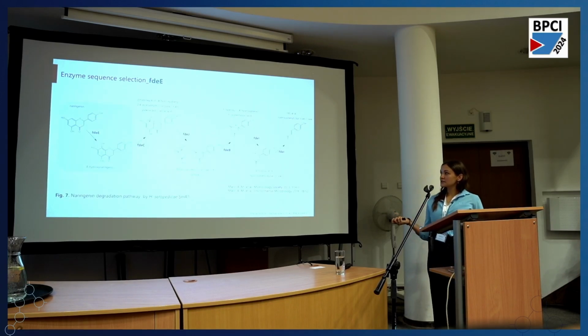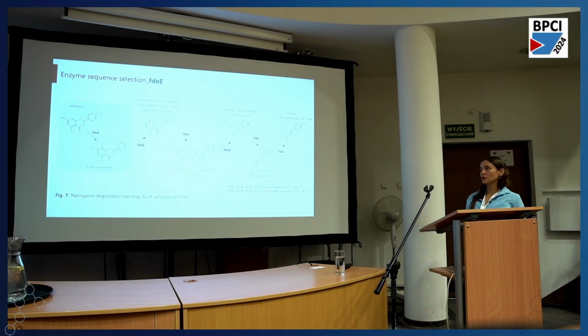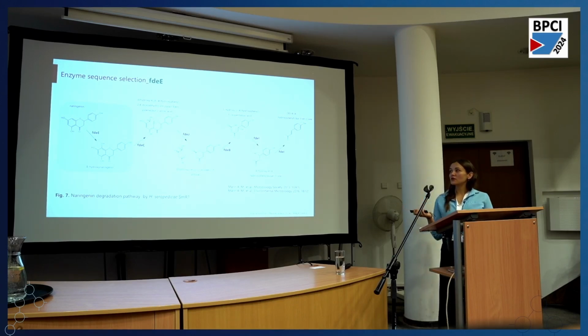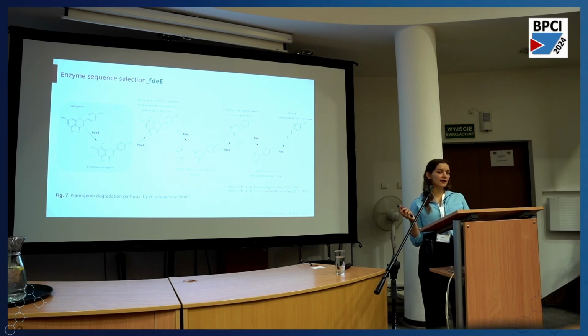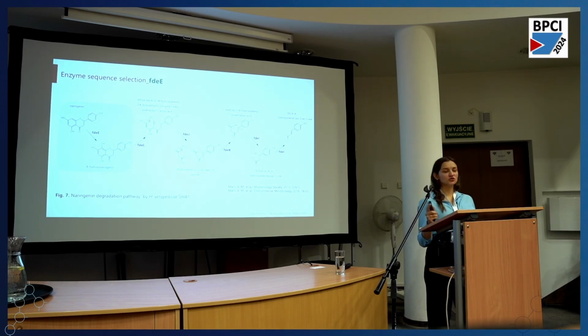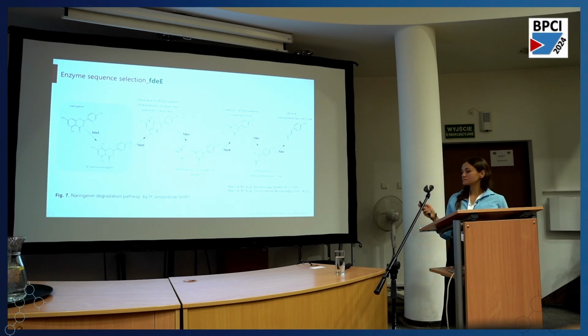Moving to the next enzyme, that's the one already described in the literature, but in that work, researchers were mainly focused on the naringenin degradation pathway, and they did not extend the research on that particular enzyme, so we decided to do that.